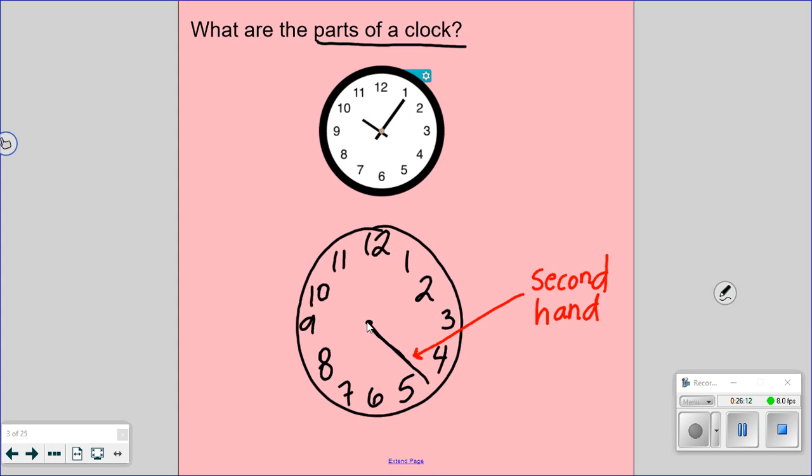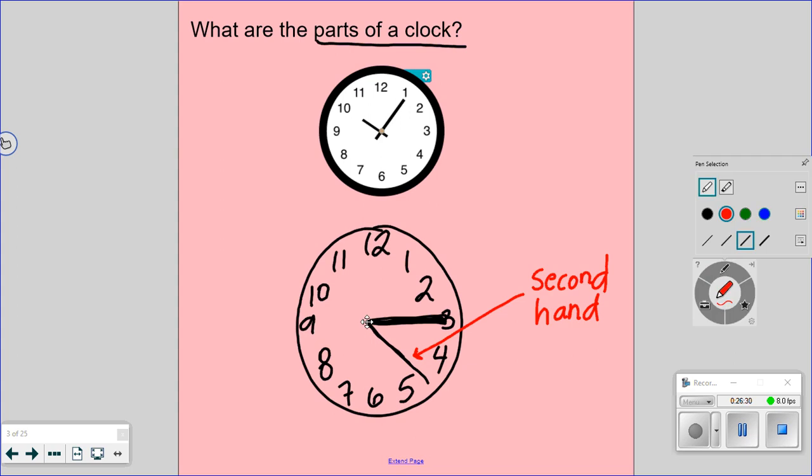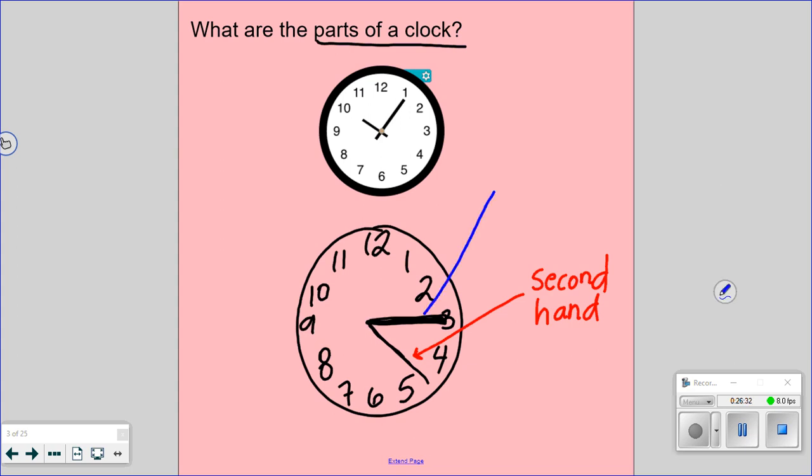I'm going to make my long hand, and I'm going to make it thicker than my second hand. This hand is called my minute hand, and it counts the minutes.